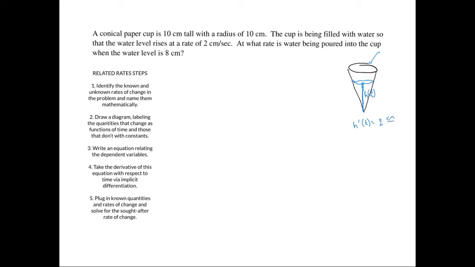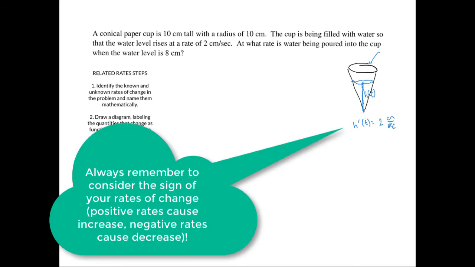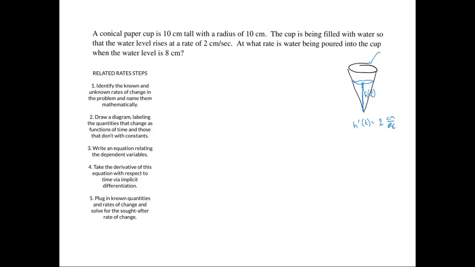Whenever you're thinking about rates of change, it's really important to think about whether they're making the quantity itself increase or decrease. This one is making it increase, so it stays positive 2 centimeters per second. If the water were going out and the height were dropping, you would write that as a negative rate of change. So h prime, we know.